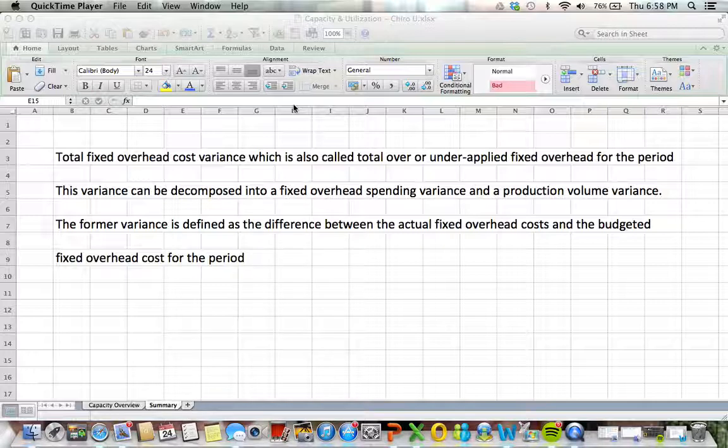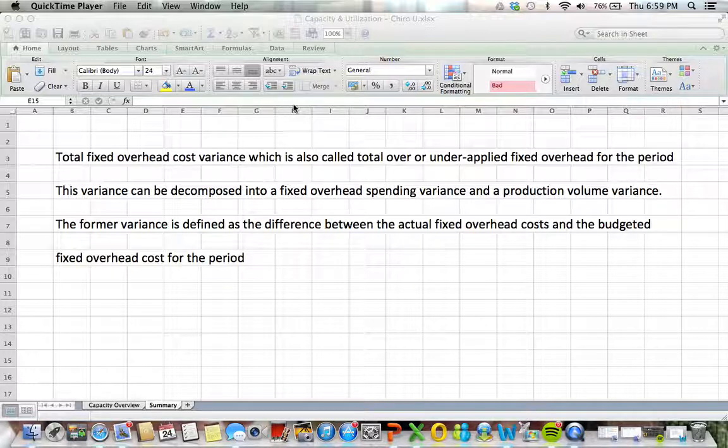So with this chapter, the first thing I wanted to go over is the main overview. So this chapter is about fixed overhead. And this is the summary of the chapter. So I'm going to start with where we're trying to go to. It says in the summary, total fixed overhead cost variance, which is also called total over or under applied fixed overhead for the period.